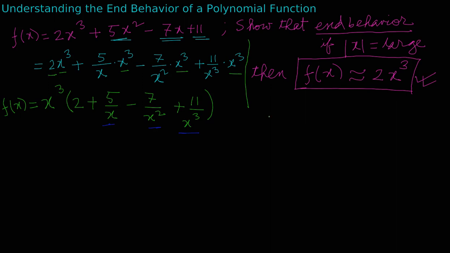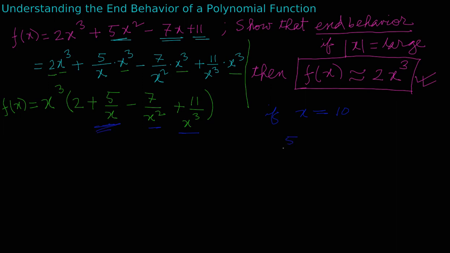Let's say x is large, for example x = 10. I could take 100, but I don't want to take such a big number, I want to take a little smaller number. So if x = 10, let's see what happens with 5 over x.